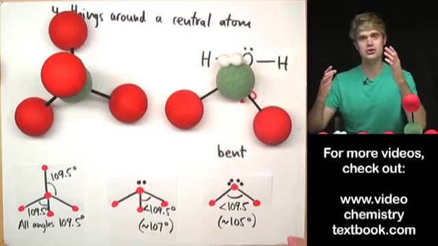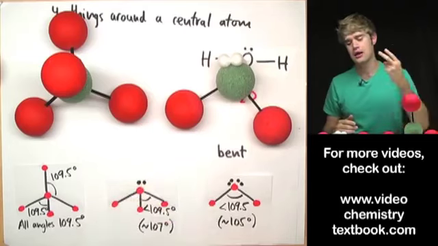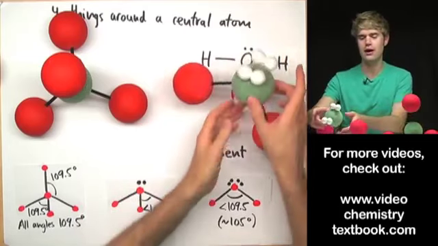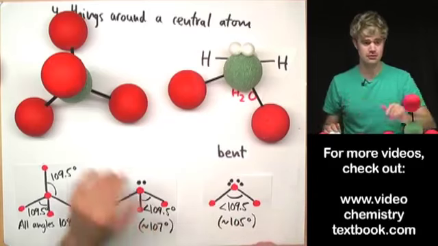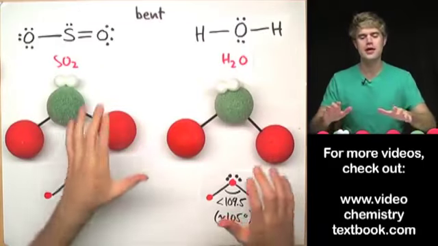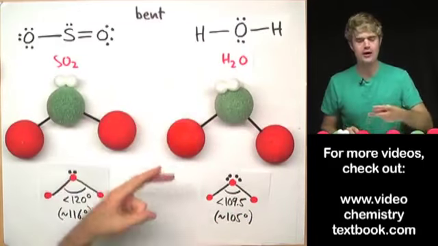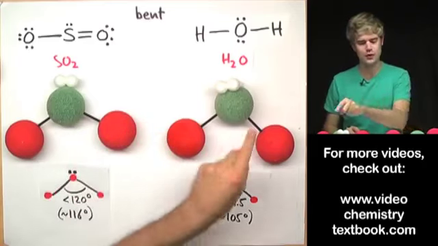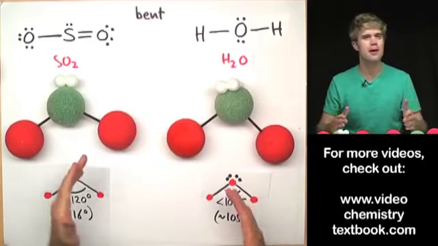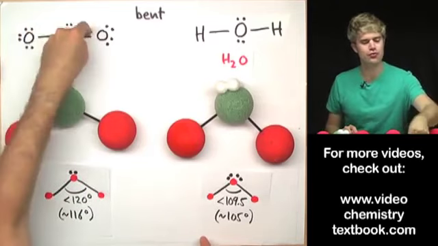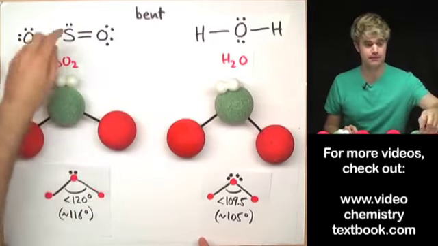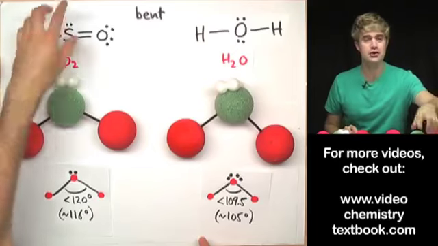So if you've got 2 bonds and 2 lone electron pairs around a central atom, you're going to have this bent shape. Now there's just one thing that I want to say about this bent shape. There are 2 ways that we can get a molecule with a bent shape, but they're different. We can get a bent shape when we have 3 things around a central atom, and 1 of them is an unshared electron pair.